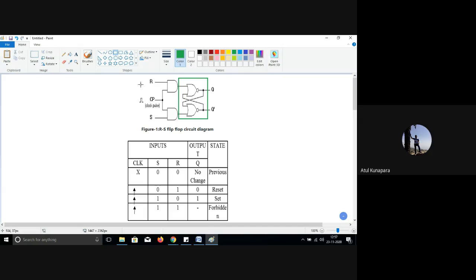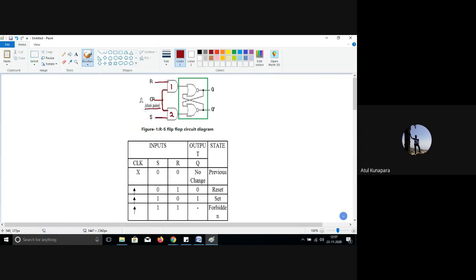And this RS latch is added with more devices, that is logic gates. You can see AND gate number 1 and AND gate number 2. These two AND gates are added here. Each AND gate is supplied by the S input and the R input, and the second input to both AND gates comes from a single input, which is a clock pulse.